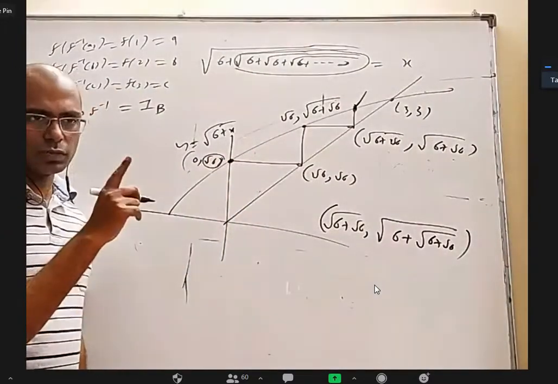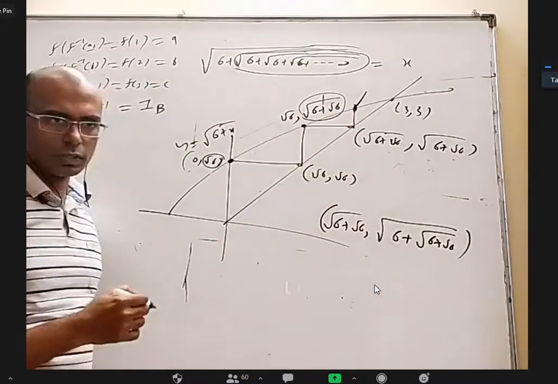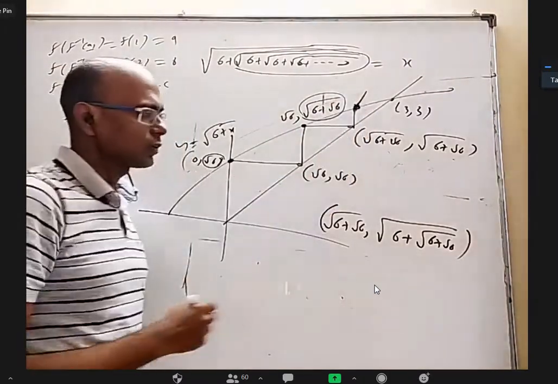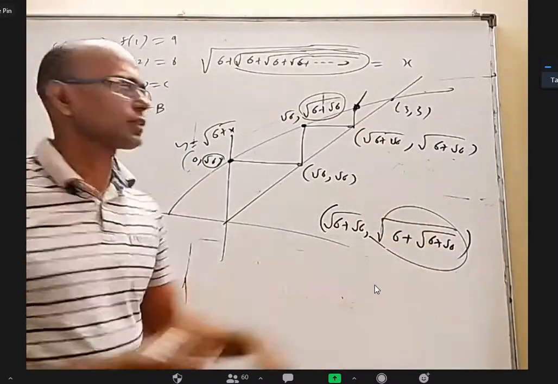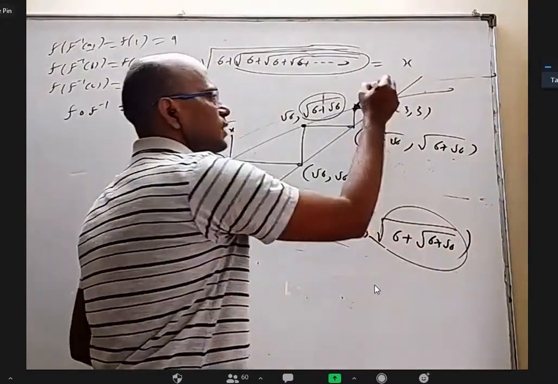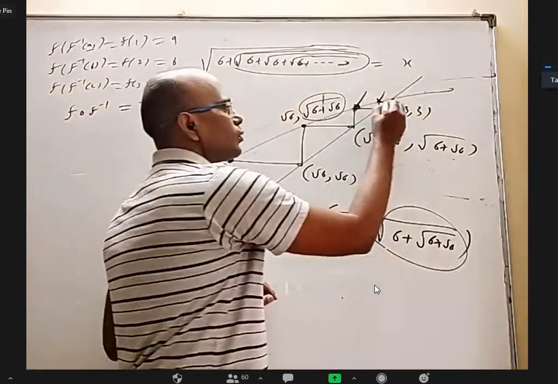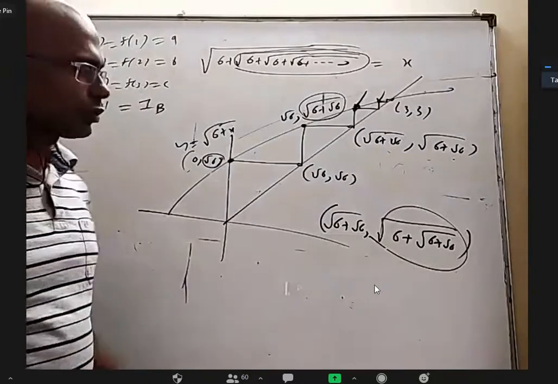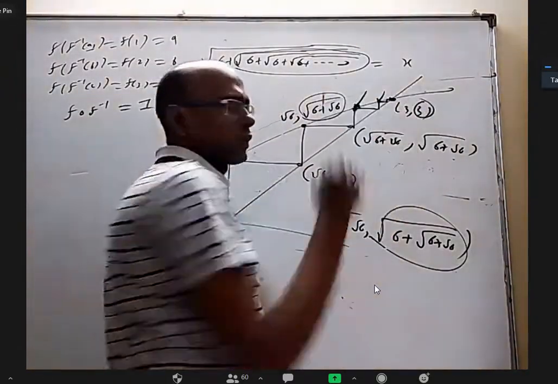Only a single root 6. For this point, root over 6 plus root 6. For this point, root over 6 plus root over 6 plus root 6. If you go like this and like this, the next y coordinate you will find is 4 of them like this. So you will find a series of points approaching this point, and that point's y coordinate is 3.